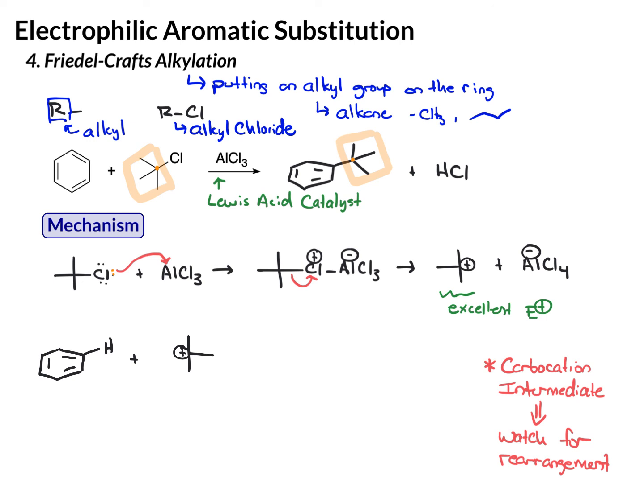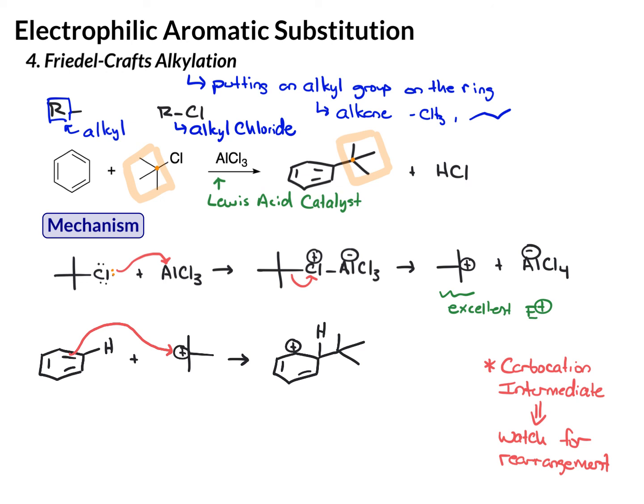So I'm going to use a pi bond in the ring, draw a curved arrow to the positively charged carbon. Now we have our tert-butyl group added. We still have a hydrogen and a positive charge.